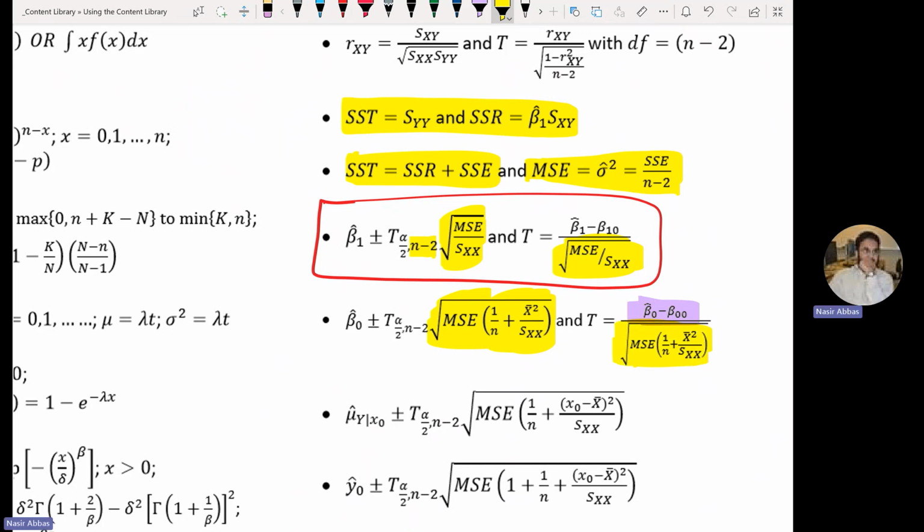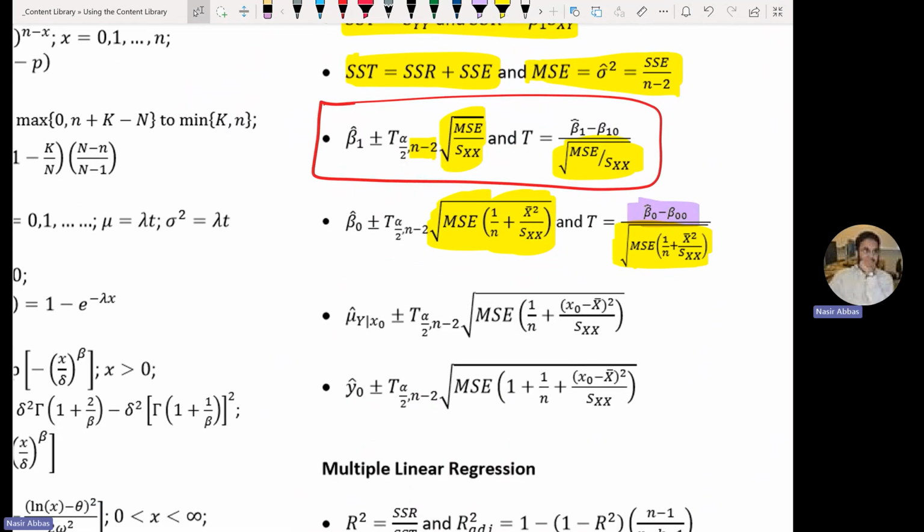What is the standard error of Y naught hat? What is the standard error of mu hat of Y for a given value of X naught? So the thing which is multiplied by the critical value is the standard error.